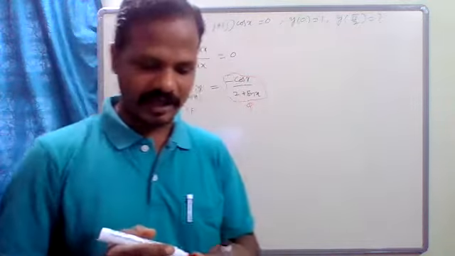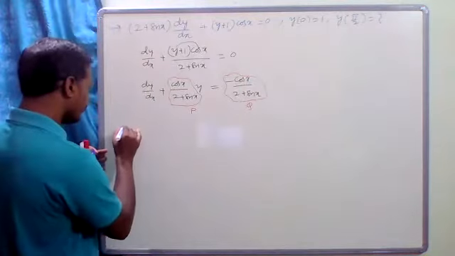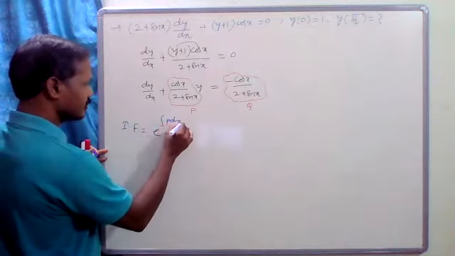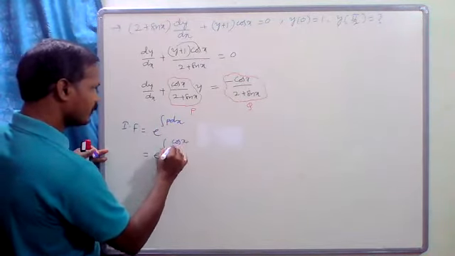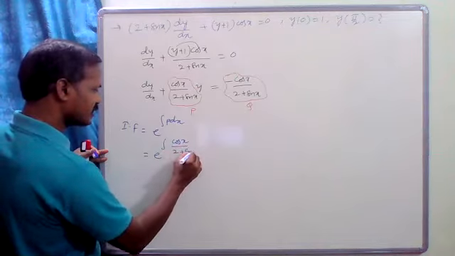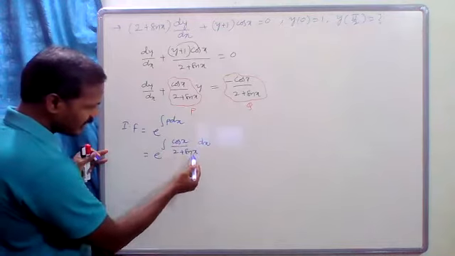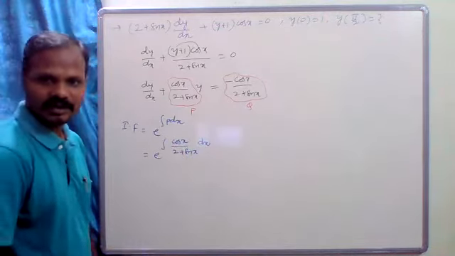Now we have to find the integrating factor. IF equals e power integral p dx, which equals e power integral cos x by 2 plus sin x dx. Now the derivative of 2 plus sin x is cos x, so it is f dash x by f of x.